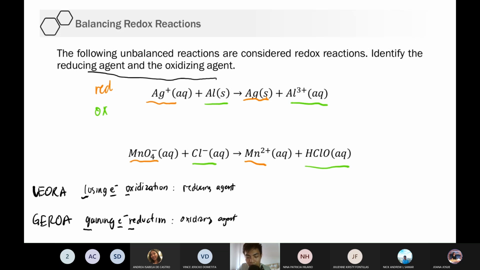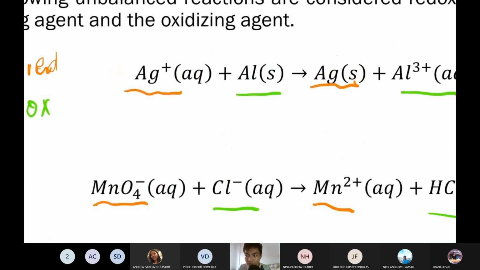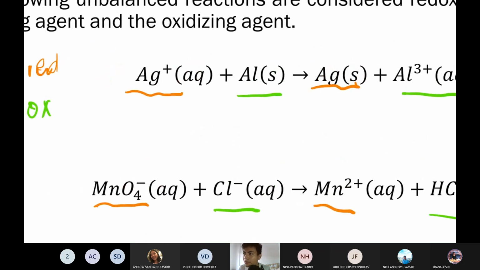Okay? So, ibig sabihin, yung oxidizing agent, yun yung nag-undergo ng reduction. And yung reducing agent, yun yung nag-undergo ng oxidation reaction. Okay?